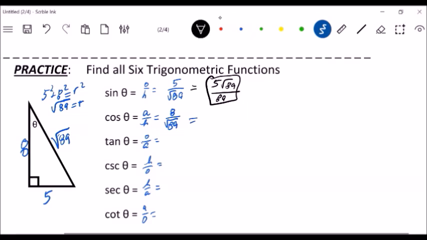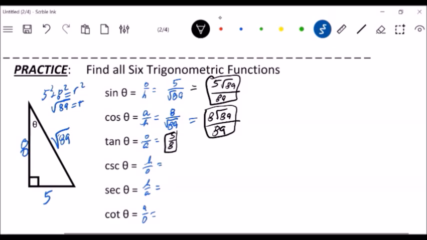And we rationalize it, and we get 8 root 89 over 89. For the opposite over the adjacent, the opposite is 5, and the adjacent is 8, and that's good right there. I won't be able to keep these in order vertically because the other ones took up too much space. Sorry about that. You can still clearly see what they're supposed to be.